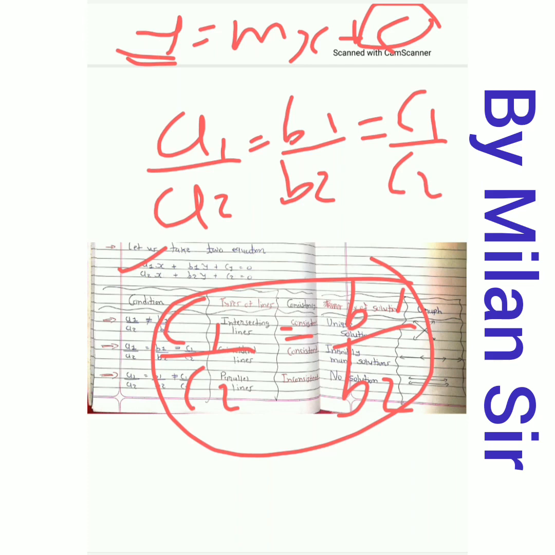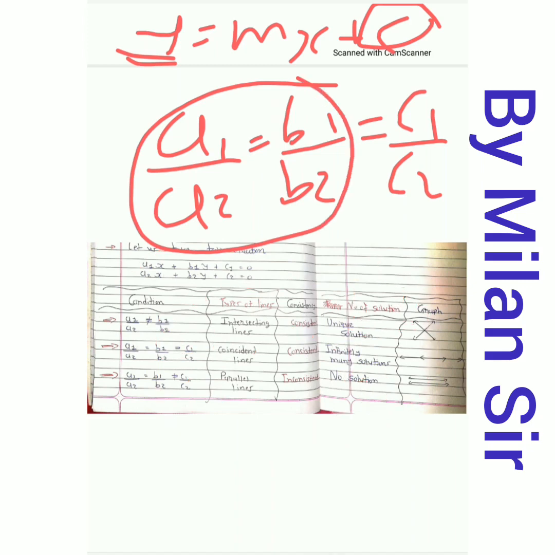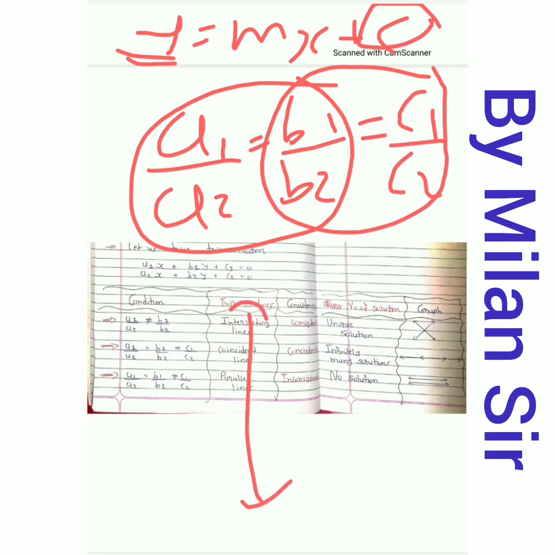This shows that your slope is same, and this condition shows that your intercept is also same, right? Both are same, that means intercepts are same and slopes are same, that means same line.